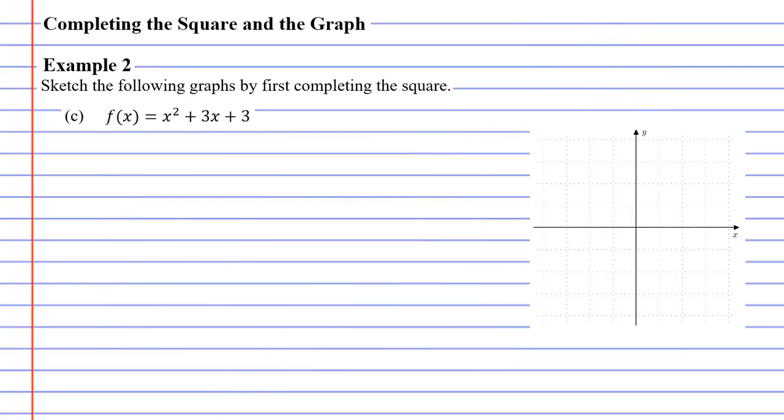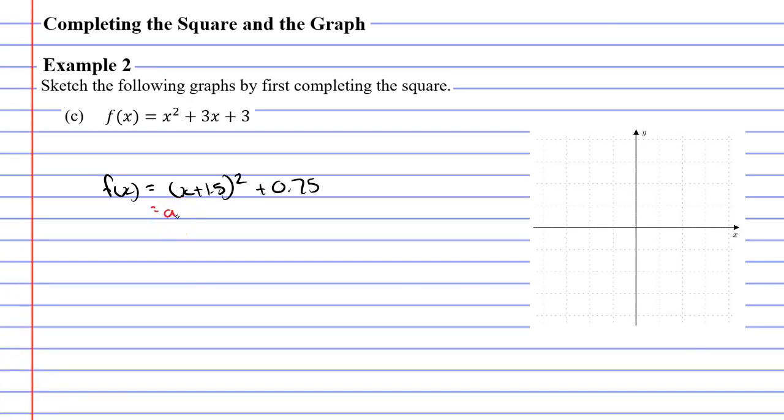Let's now move on to question C. Now we had this same function back in example 1, and when we completed the square, we got f of x equals x plus 1.5 squared plus 0.75.